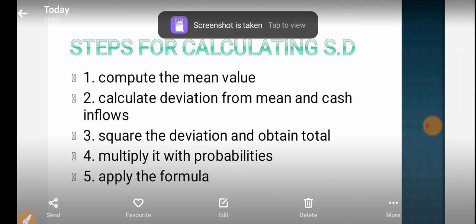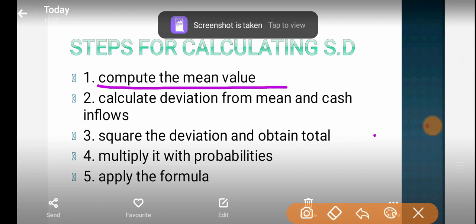Steps for calculation of standard deviation. There are 5 steps for the calculation of standard deviation for the assignment of risk under the standard deviation method. First step is to calculate the mean value, the average of all the inflows.